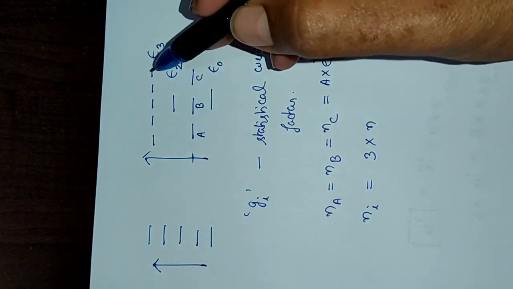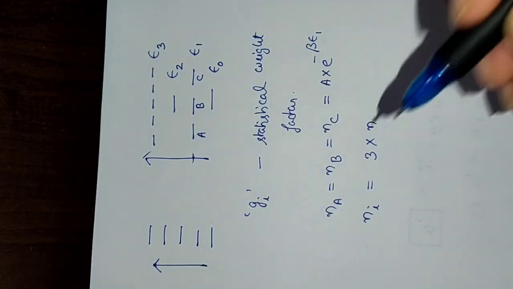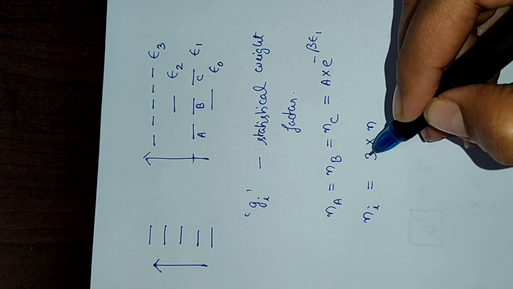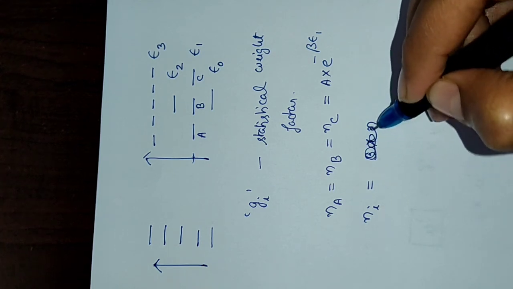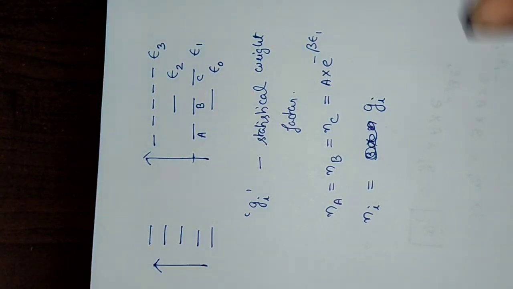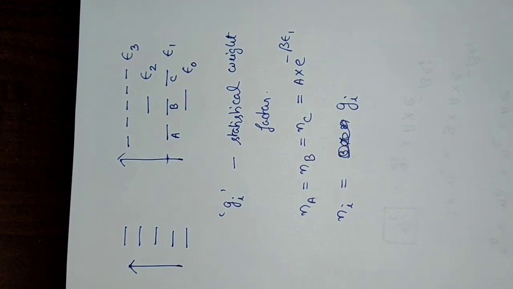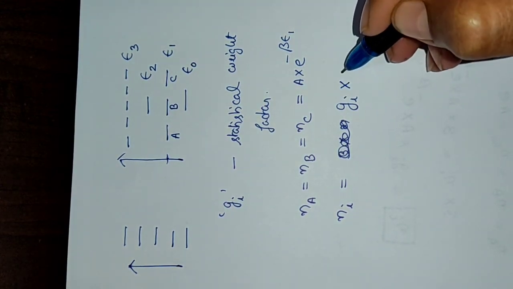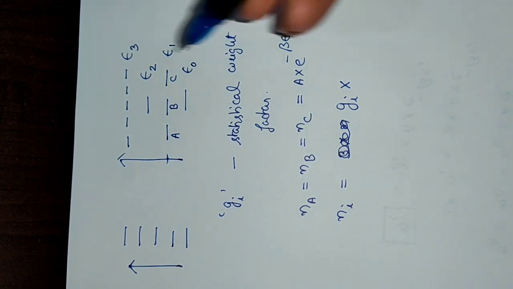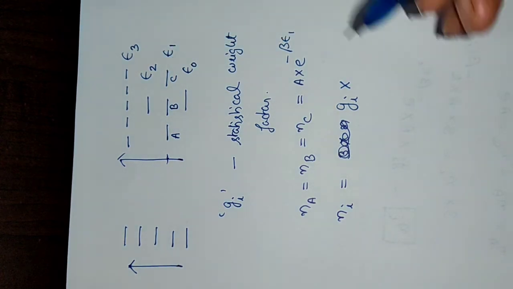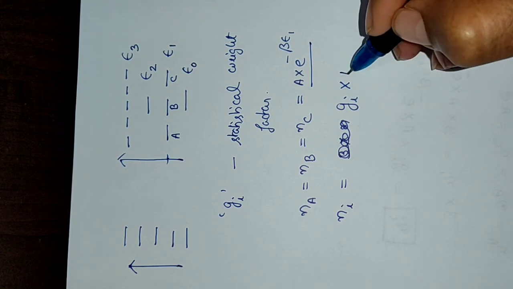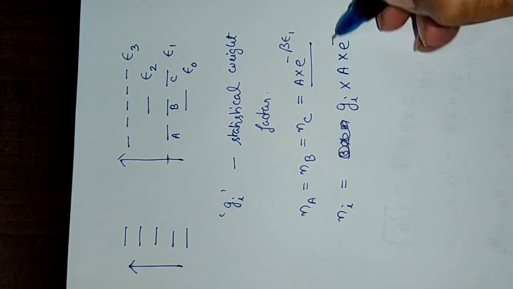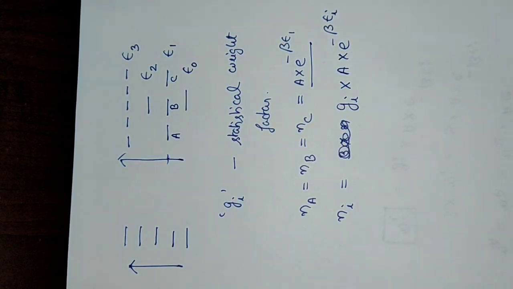That will be the total population for that level. So in general, we can write it to be Gi, that is the number of folds of degeneracy, into the population in each state which is guided by the Boltzmann distribution law. So it will be A into e to the power minus beta epsilon i.